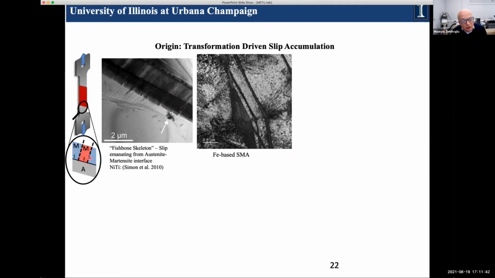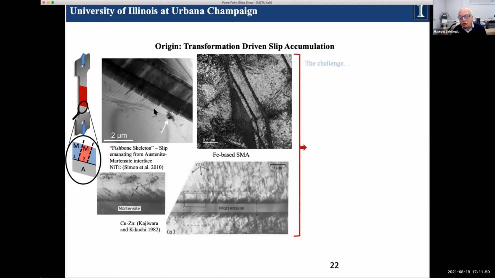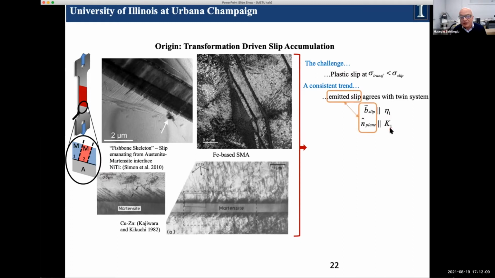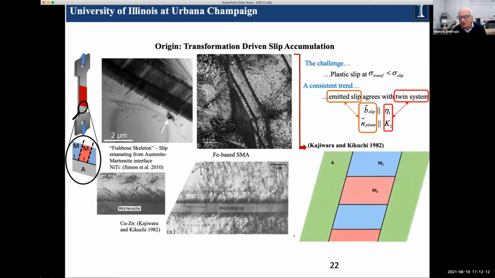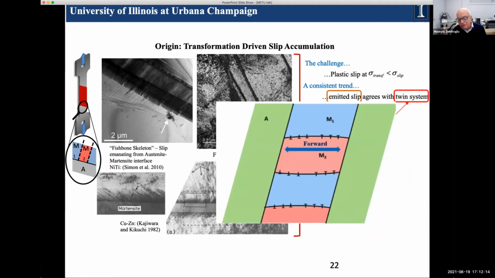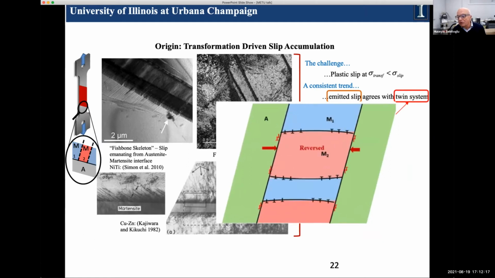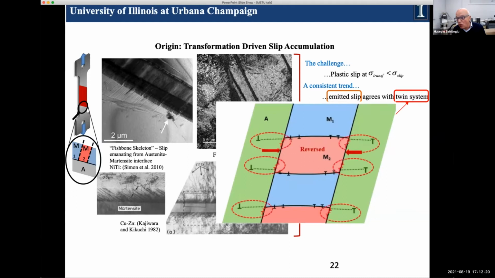And then we find experimentally that slip emanates from these twin boundaries too. That's another important observation. So there's the twinning, and then there's the slip emitted from the twin boundaries in these materials. The emitted slip system agrees with the twinning direction and twin plane. So essentially, this is the mechanism of slip formation in transforming alloys.